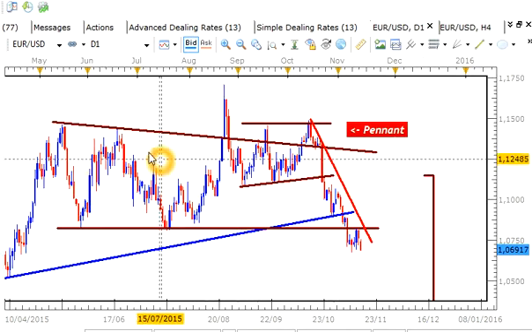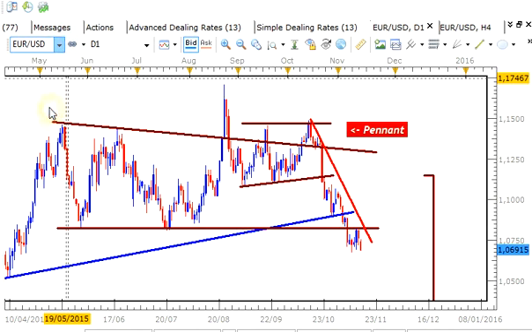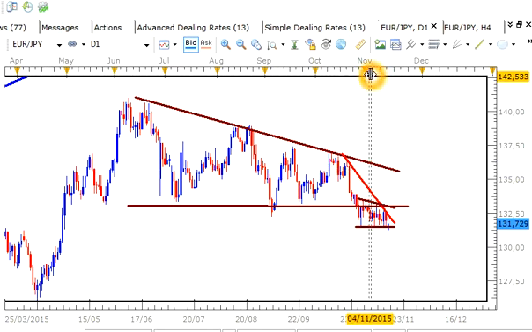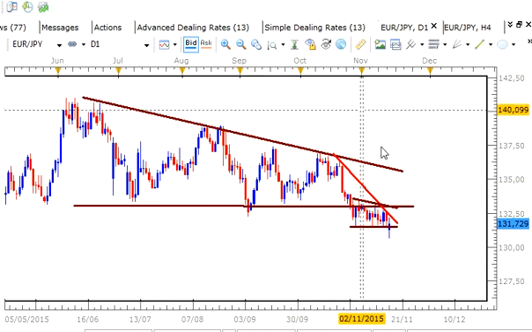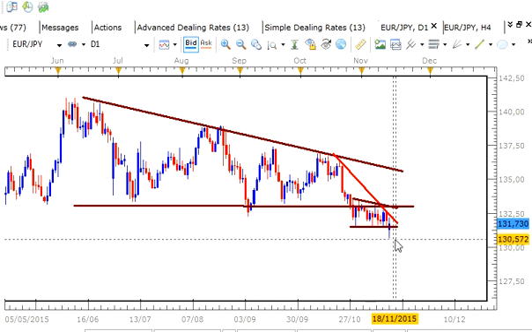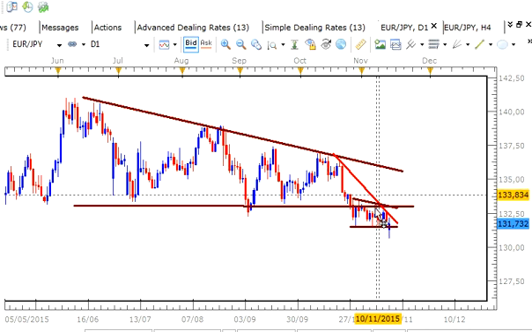A similar setup is now on the euro yen, in which we have broken the support boundary of this consolidation setup. So right now we're in a similar situation in which we could actually see the market continue to break lower, or we could actually see it head back inside of the consolidation.